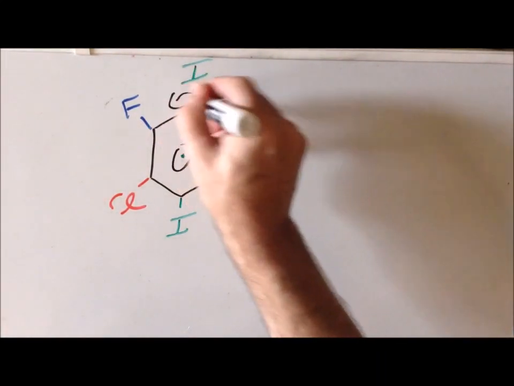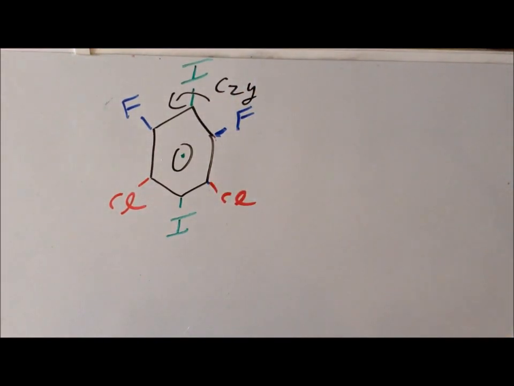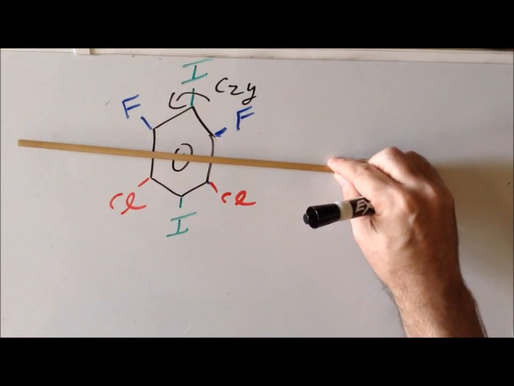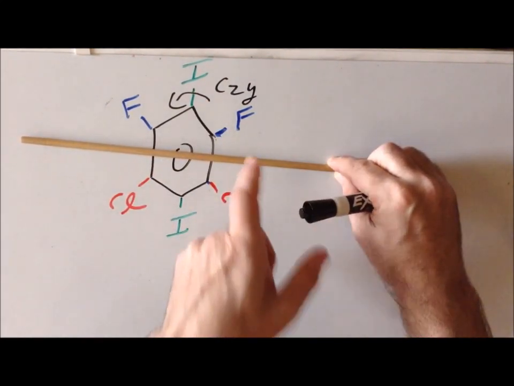Do I have any other C2s? Let me try one along the x-axis. If I did that, it would take iodine to iodine, that's right, but it would take chlorine into fluorine, which doesn't work. So the only C2 I have is this C2 about the y-axis.